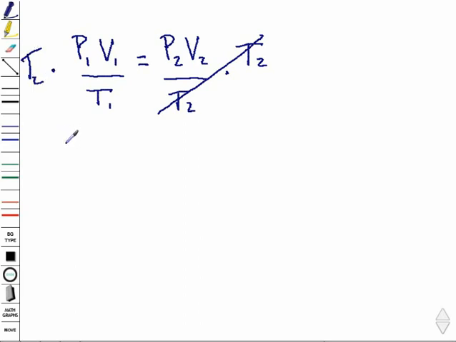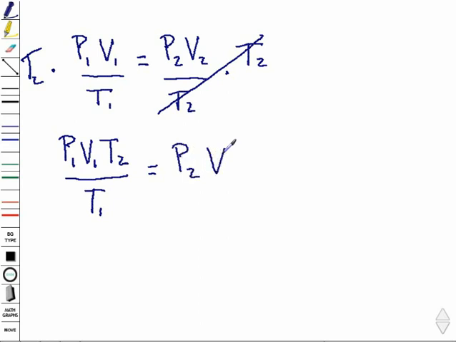So we now have pressure of the first container times the volume of the first container times the temperature of the second container divided by the temperature of the first container is equal to the pressure of the second container times the volume of the second container. Now to get the V by itself, we need to divide both sides by the pressure of the second container.